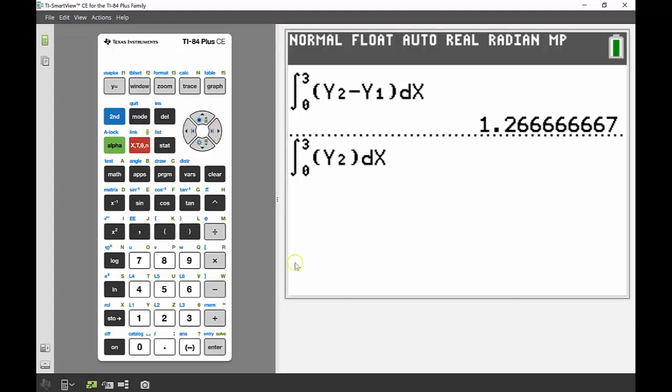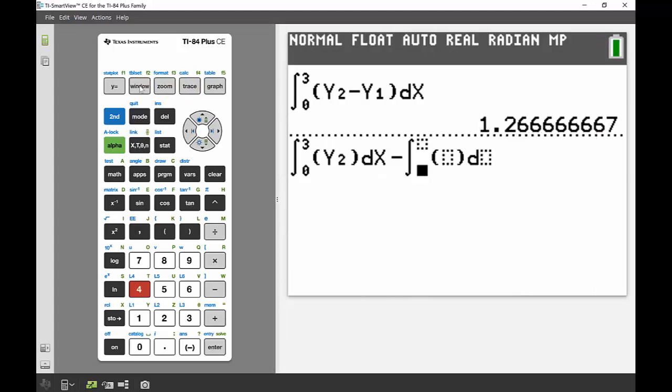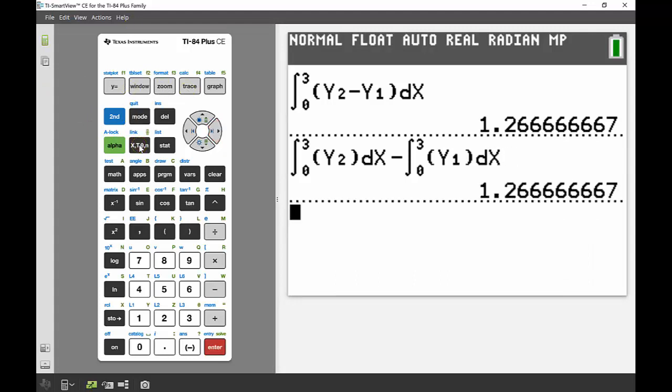I'm integrating with respect to x. And then I subtract, remember, so that's going to calculate the area under that upper curve, and then I minus, same again, 3 and 0, alpha F4 for that y1, the lower one, with respect to x again, and there we go, we get the same result. Okay, so both of those work equally well.